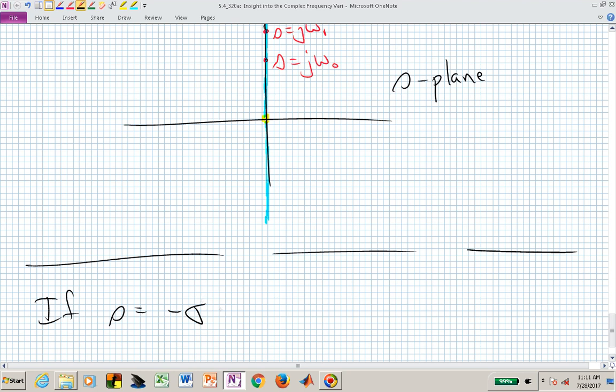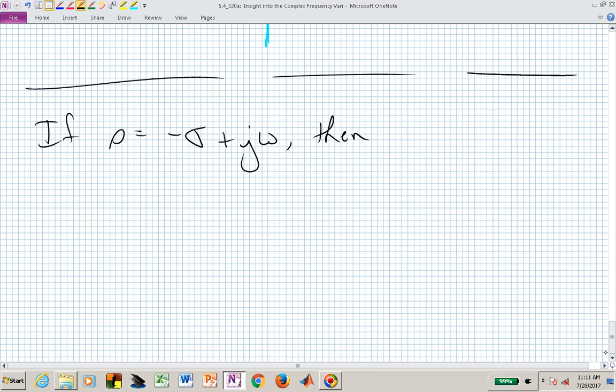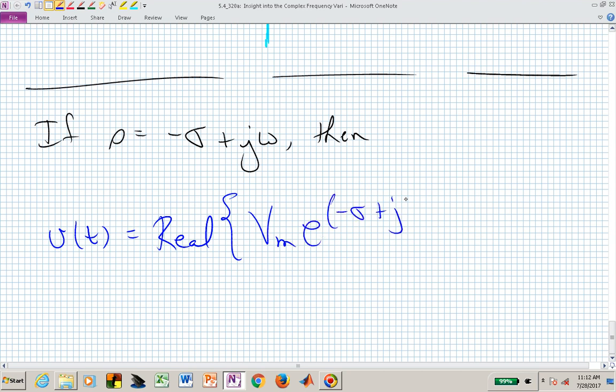Let's say it's minus sigma plus j omega. Then what happens? Well, let's now look at v of t. We know it's some rotating phasor, but let's just look at the real part so that maybe we can think about this. We now have v sub m e to the st, but now s is minus sigma plus j omega times t.